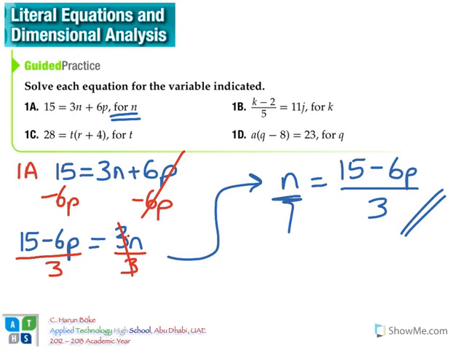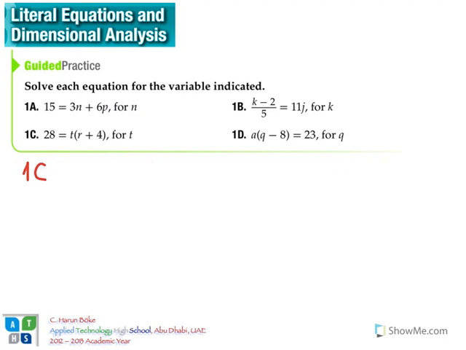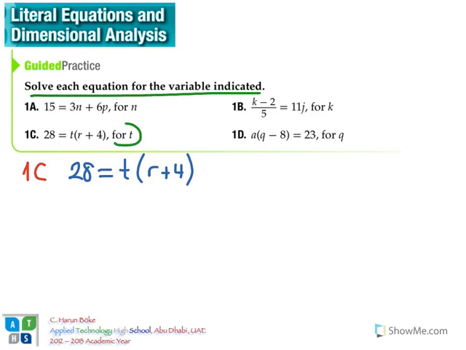In 1c, we have brackets. Now sometimes we may need to expand the brackets, but not this time, because the question says solve this equation for t. So t is already here in multiplication with the other factor, r plus 4.